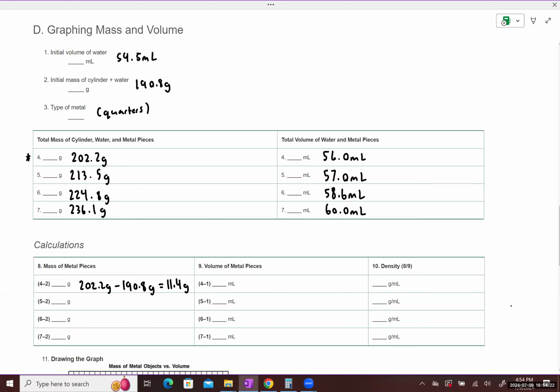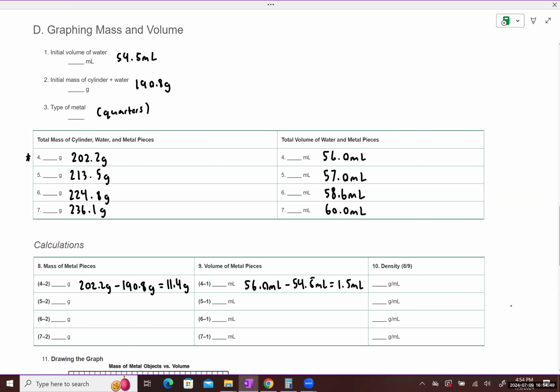To determine the volume of the metal pieces, we're going to determine that via difference. So we're going to take the volume of the water and metal pieces from this first solid addition trial and subtract out the initial volume of water. That in turn gives us a final value of 1.5 milliliters.